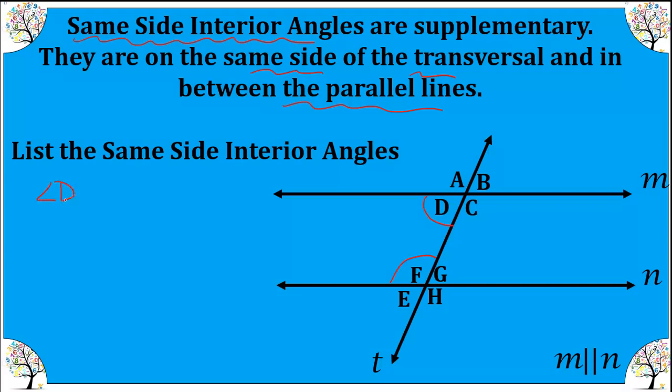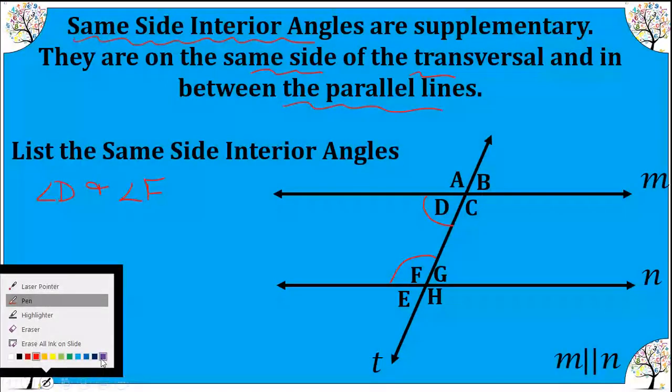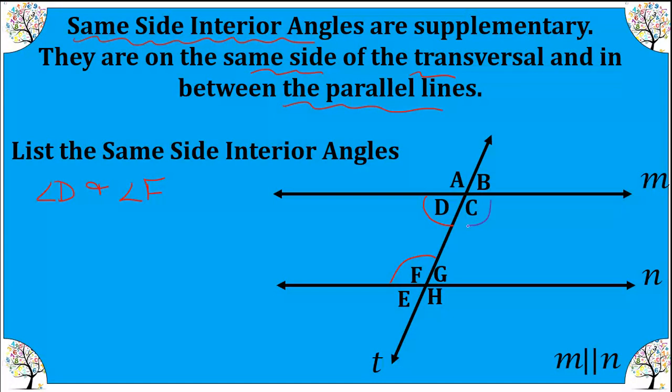So angle D and angle F are same side interior angles. Therefore, they are supplementary. And then we have angle C and angle G. They are supplementary because they are same side interior angles.